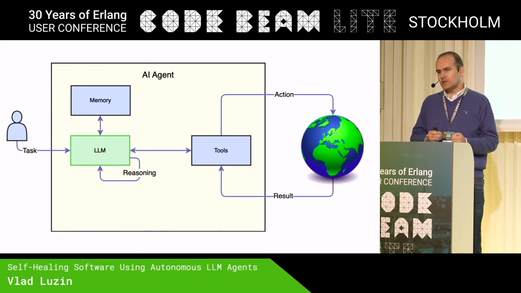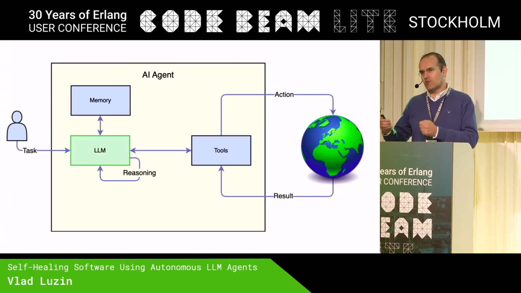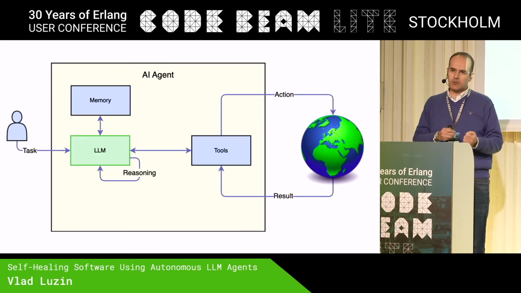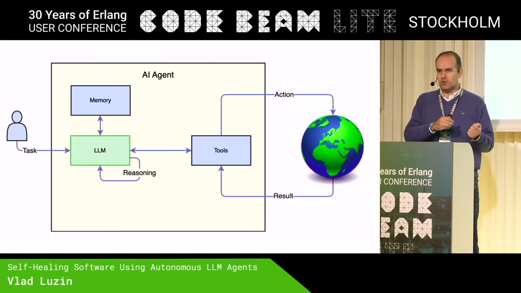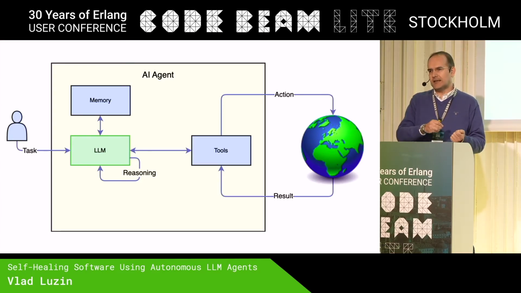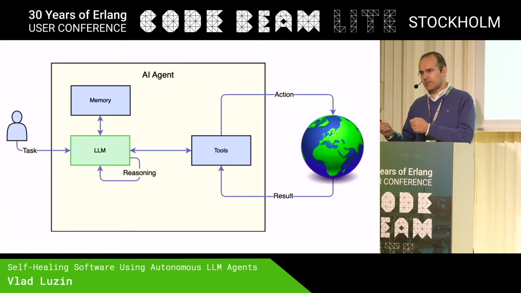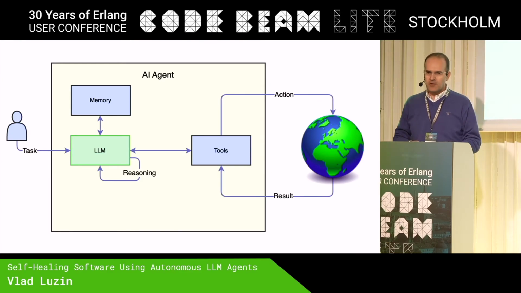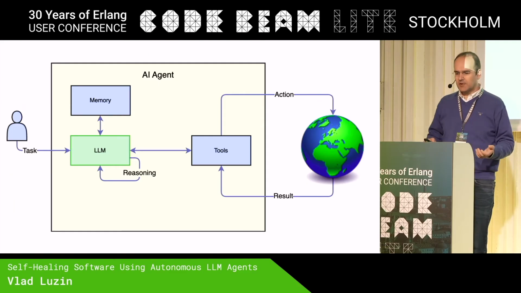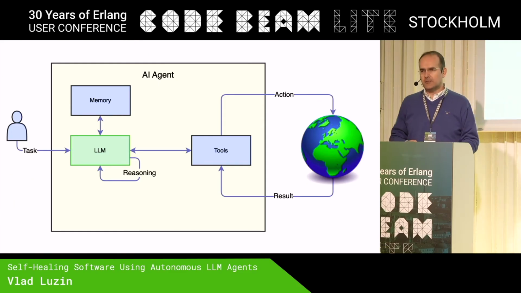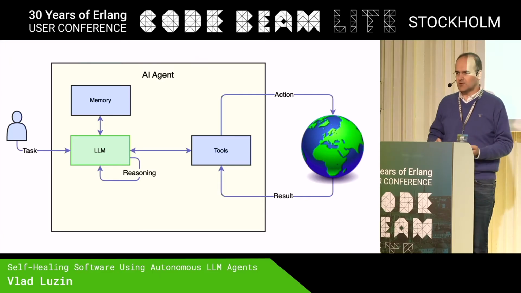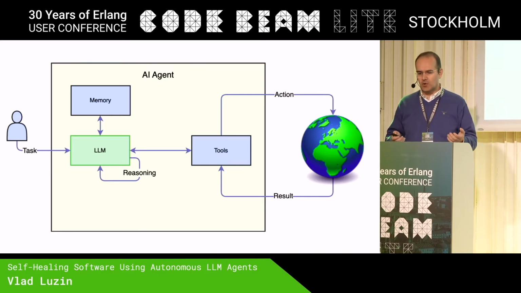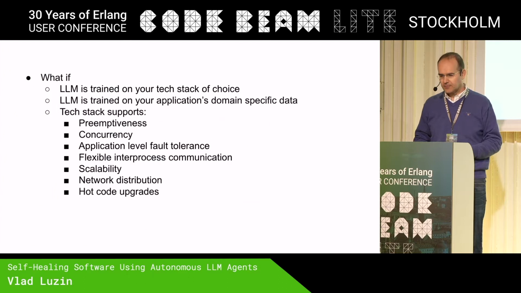And if you want the LLM to be able to interact with an external environment, there is a need to provide tools to these large language models. By using these tools, they can interact with the external environment via some actions, get the results back, and adjust the reasoning accordingly. For the majority of the assistants that I mentioned previously, the task usually comes from humans, right? So you give it a problem to solve, and it goes and does its magic.